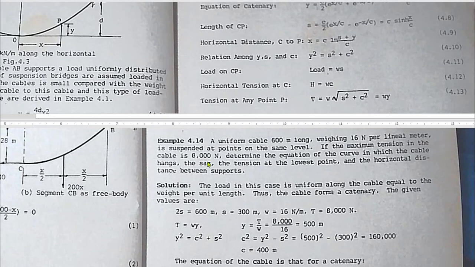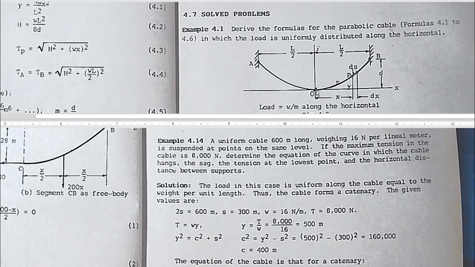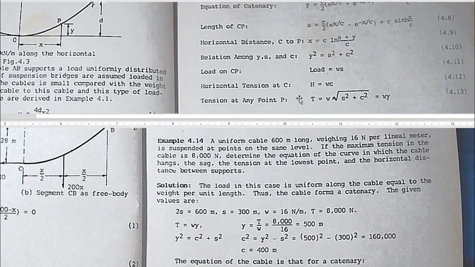Okay? Likewise, tension at any point P. Sabihin natin yung P mo nandito sa gitna, no? Somewhere here sa gitna. We can equate that to capital T also. And that is equal to W times Y.